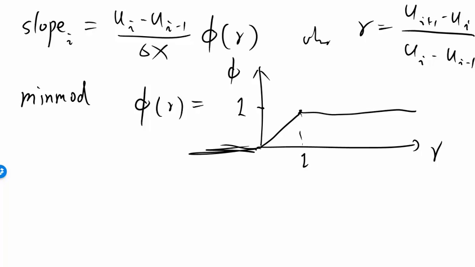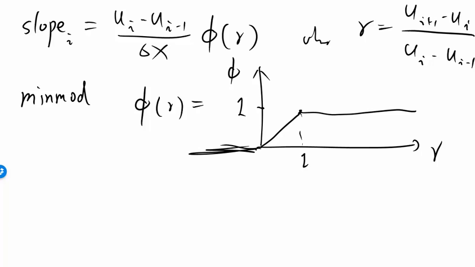It's a piecewise linear function. When r is less than 0, it's 0. When r is between 0 and 1, it is equal to r. And when r is greater than 1, it is equal to 1. The minmod limiter is applying the most conservative reconstruction possible, or doing the reconstruction that has the minimum slope possible.